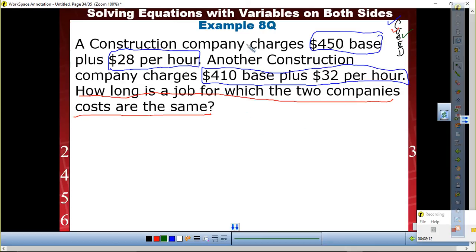A company charges, okay, that's one company. Another company charges. And check this out. This is key right here. Costs are the same. We want to find out when the costs are the same.